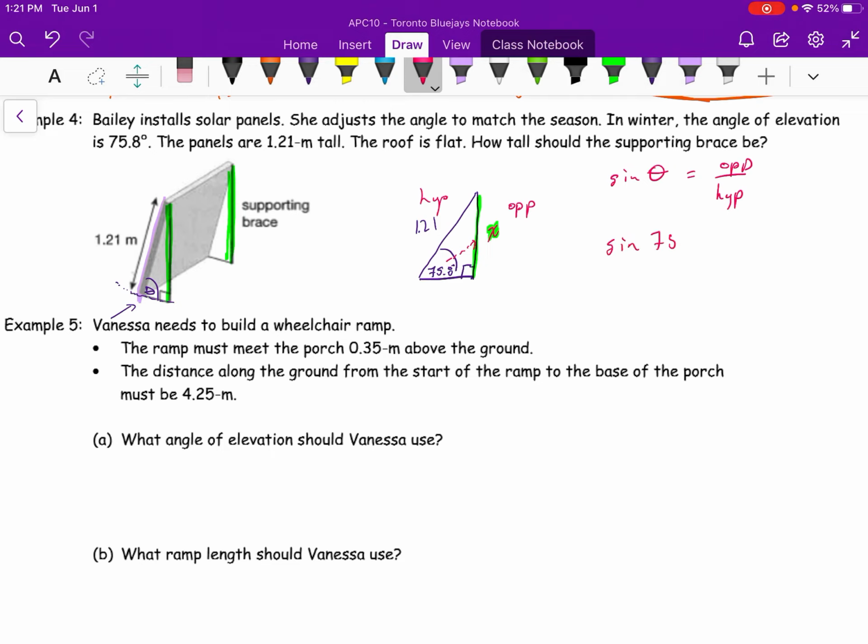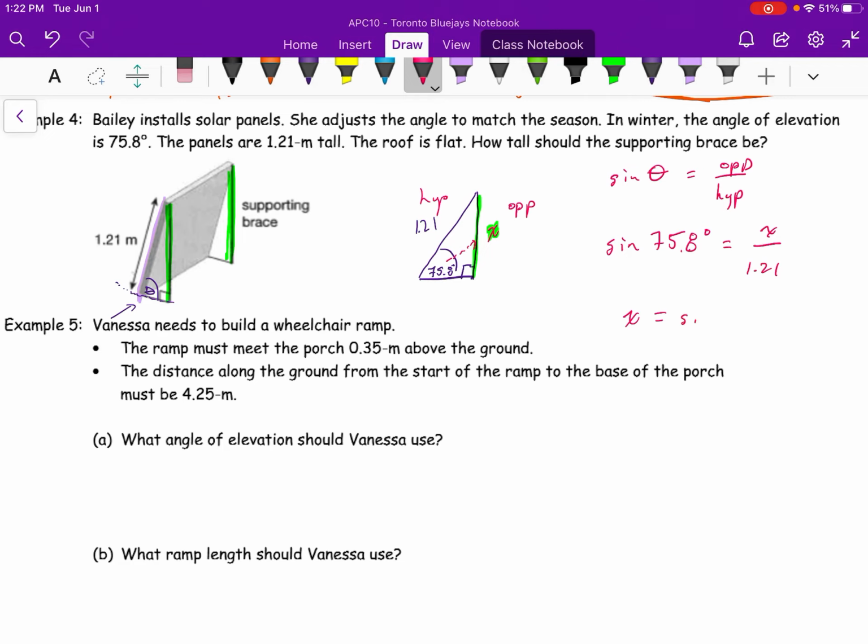I'm going to plug in all the information that I know. So sine of 75.8 degrees is equal to my opposite over my hypotenuse.